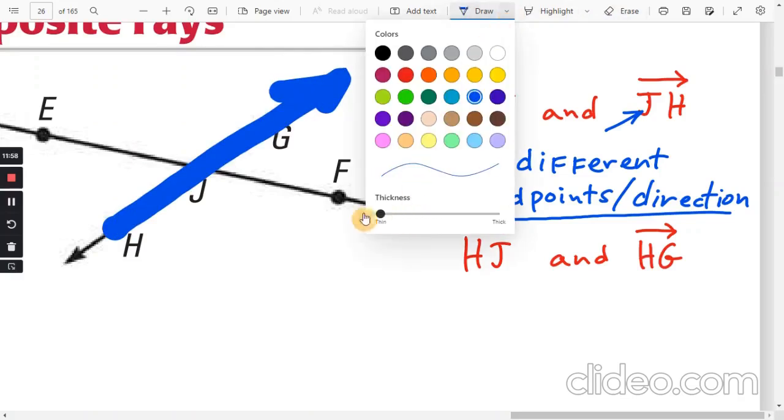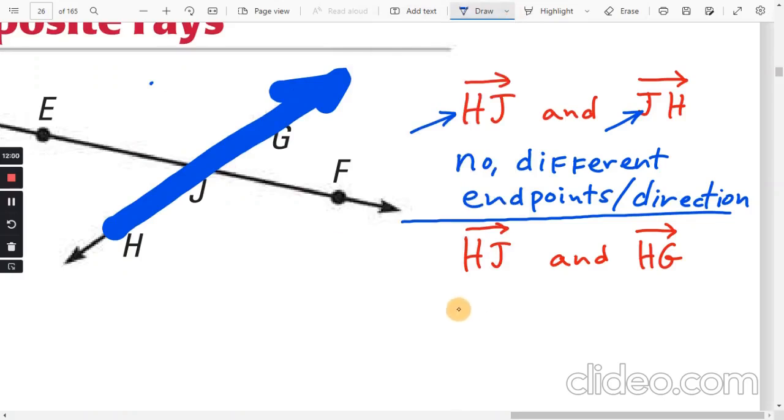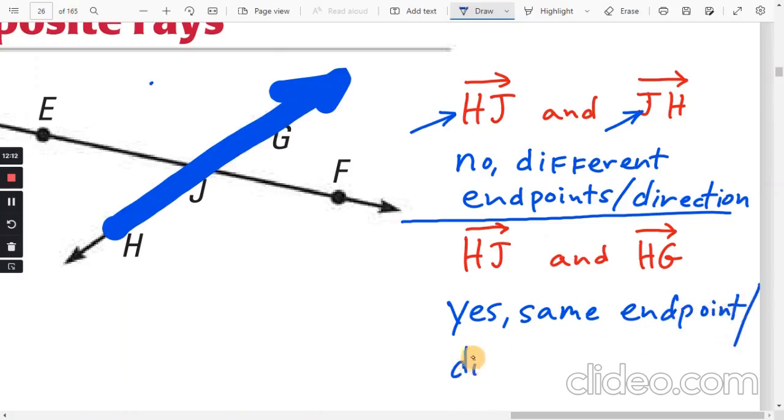So it's the same ray. So the answer is yes, because they have the same endpoint, and also the same direction. So the first one was no, the second one was yes.